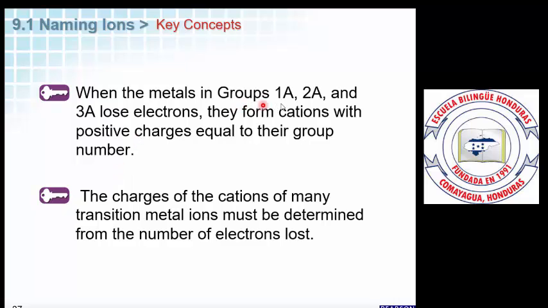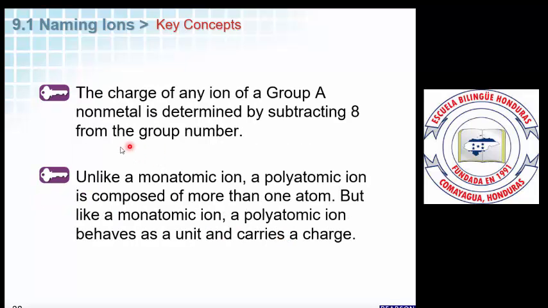When the metals in group 1A, 2A, and 3A lose electrons, they form cations with a positive charge equal to their group number. Another key concept, the charge of the cations of many transition metal ions must be determined from the number of electrons lost.